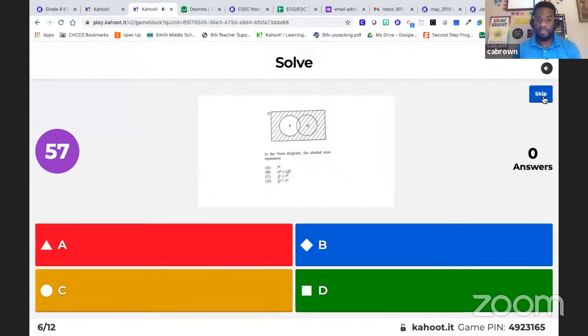In the Venn diagram, the shaded area, what does it represent? Is it P prime, P union Q complement, P intersect P union Q, or Q intersect P?